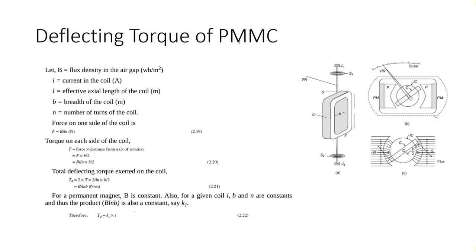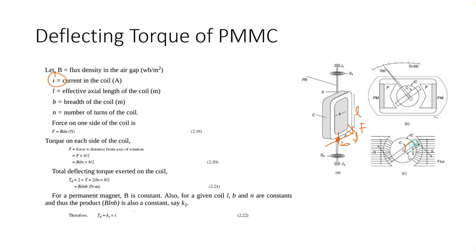Let us suppose that the current flowing through this device is I, its effective length is L, and its breadth is B. So this is B by 2. B by 2 is actually the length on which we can fulcrum this force. So this is a magnetic force, and we are fulcruming it on this point.